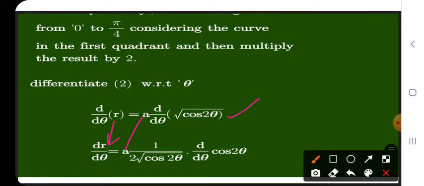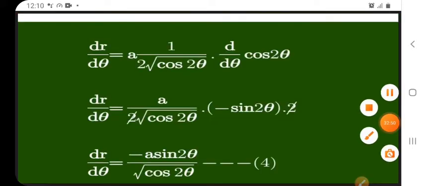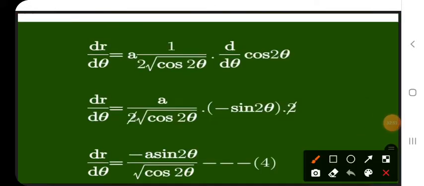And again we differentiate the function cos 2 theta. See here, what is the differentiation of cos 2 theta? Minus sin 2 theta into the constant, which is 2. So again we get 2.